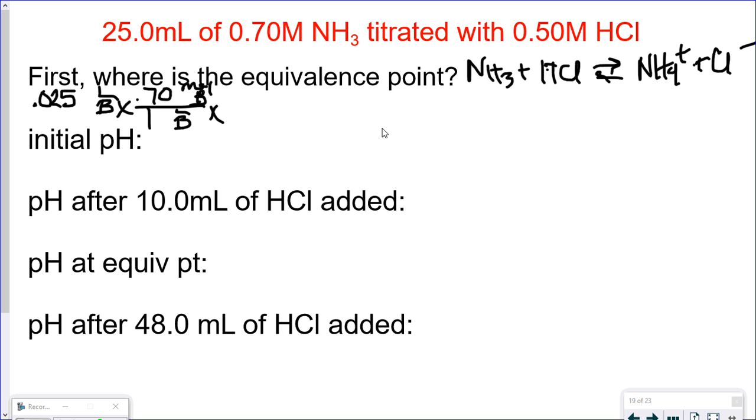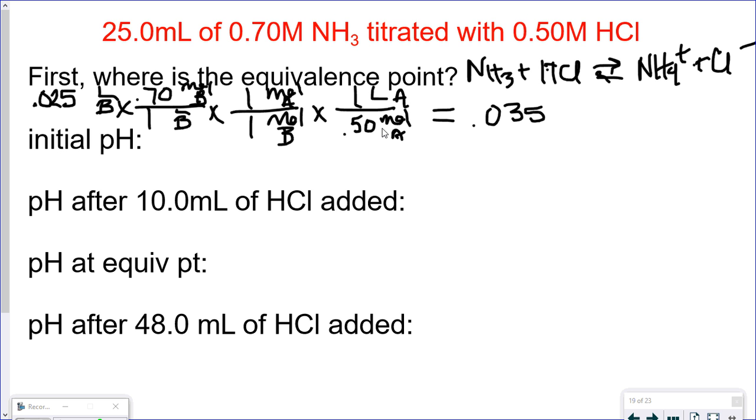It was a 1-to-1 ratio, so 1 mole of base is going to react with 1 mole of acid. And then our molarity of our acid was 0.50 moles per liter. So our equivalence point should be at 0.035 liters of hydrochloric acid.